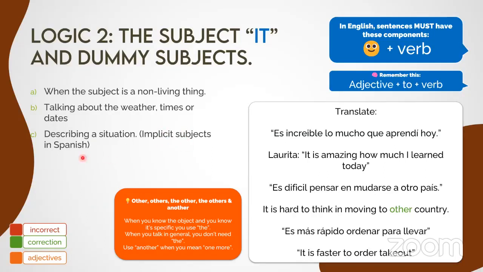Because when you say in Spanish, "es wonderful", "is wonderful when I know the other city", incomplete. Because in Spanish we say "es genial cuando conozco otra ciudad." Claro que es genial. En español no necesitamos un sujeto.